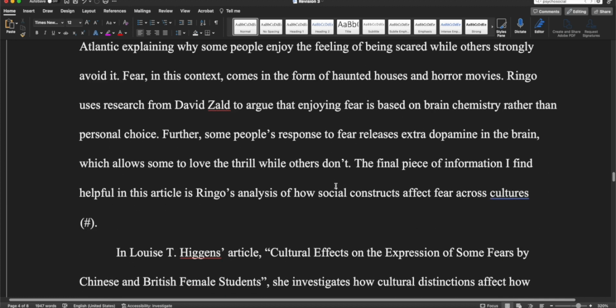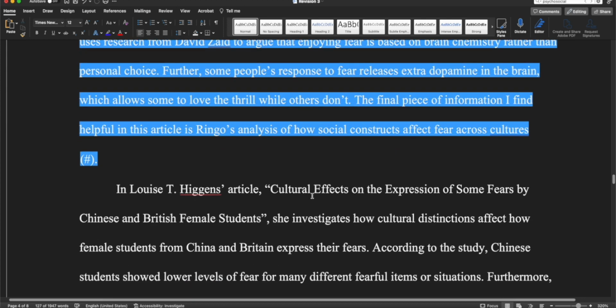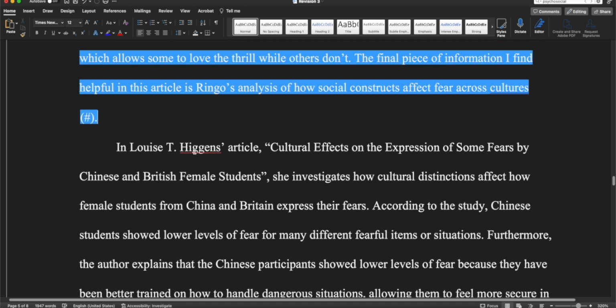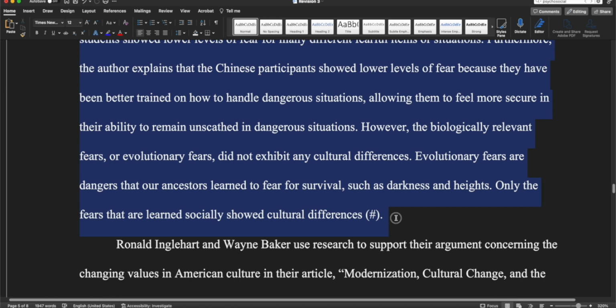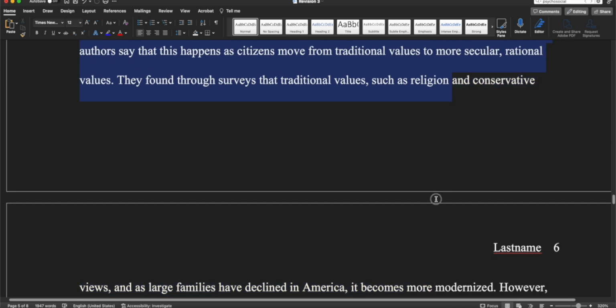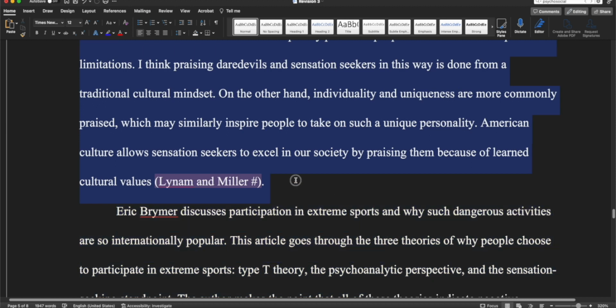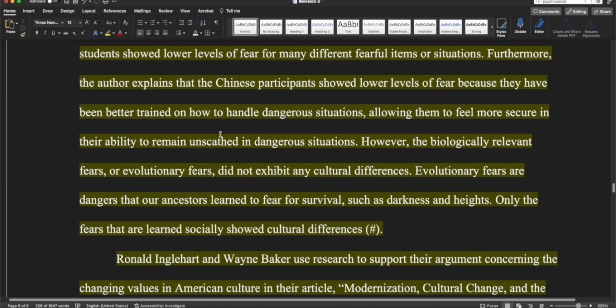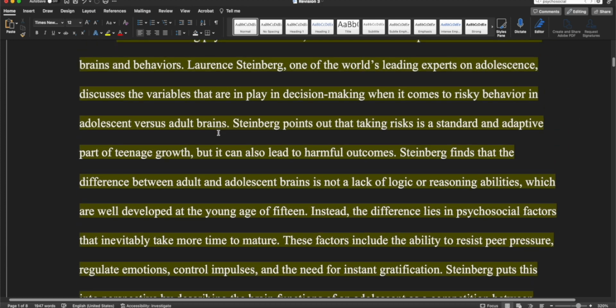Chemistry rather than personal choice is biology. So biology is blue. Cultural effects, we're back in psychosocial now, right? And then another culture. Culture. What do we say culture was? Yellow, right? Or psychosocial anyway, yeah.